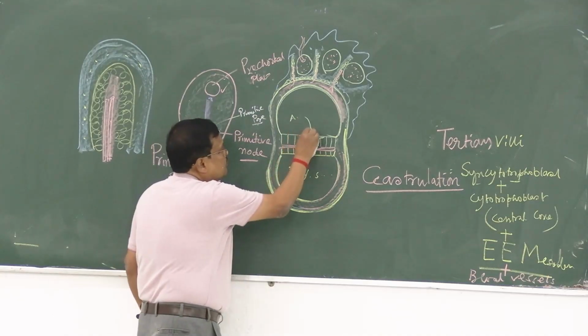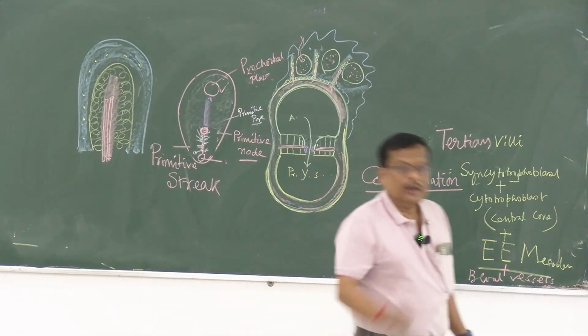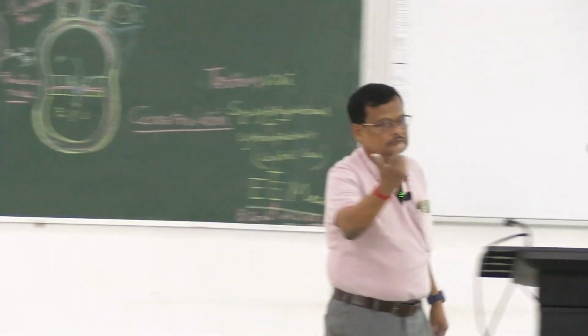So amniotic cavity is continuous with the yolk sac cavity, but it is temporary.